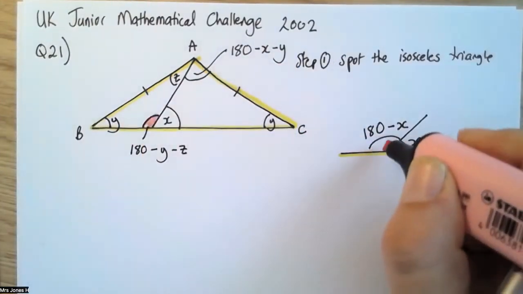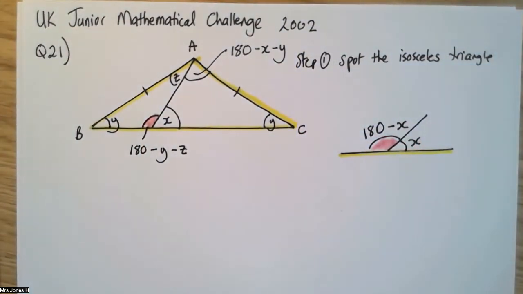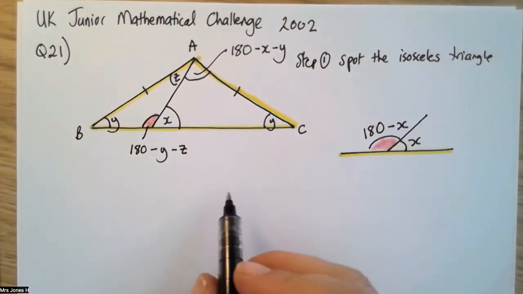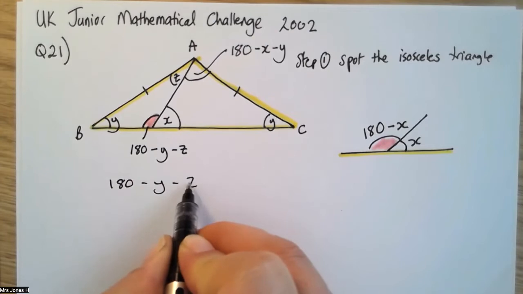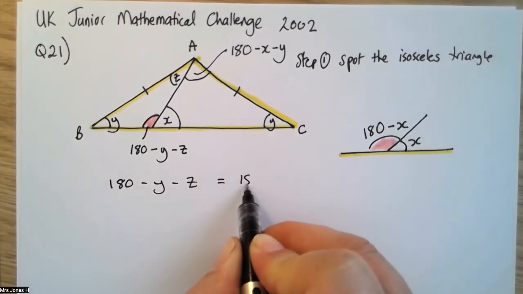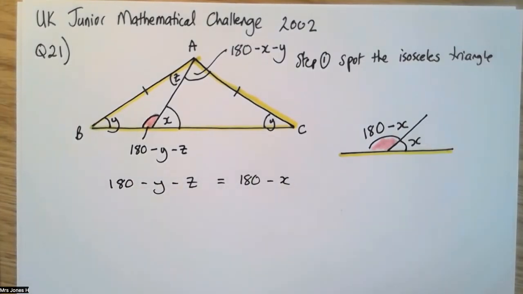This one here and this one here are the same. So now I can put them equal to each other. So I can say that 180 subtract Y subtract Z is the same as 180 subtract X.